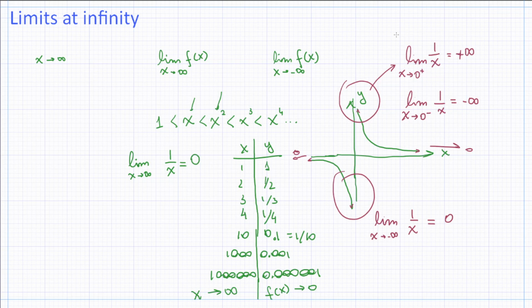Now, if you observe those limits, they're different. And that's something that we'll discuss in the future, but basically the limit does not exist. When we calculate and the limits are different, that means there's no limit.